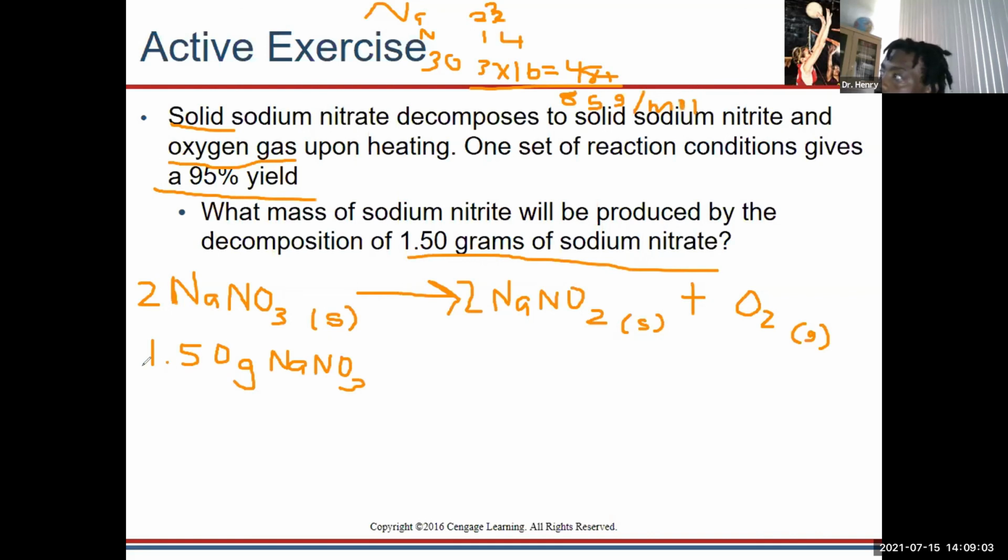Okay, so we have 85 grams per mole, so we're going to use that. Am I going to put 85 on the bottom, or on the top? On the bottom, because I want the grams to cancel out. So 85 grams on the bottom and 1 mole on top. And that is sodium nitrate.